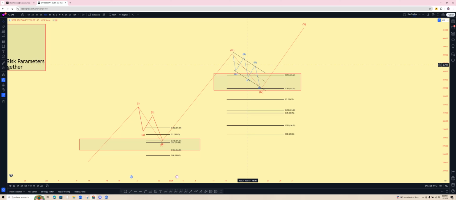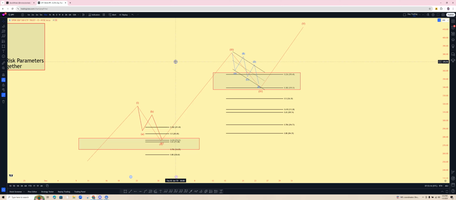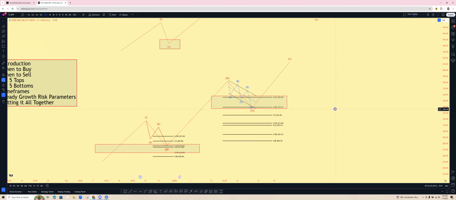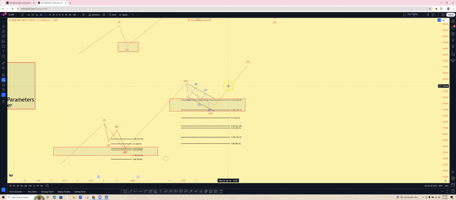Okay, so I hope this has really helped give you an idea of the market structure, right? You'll see 1, 2, 3, 4, 5 every single time, no matter where you go. This is what you'll always see. And again, remember, guys, after this is done, this whole thing is a wave 1, right?